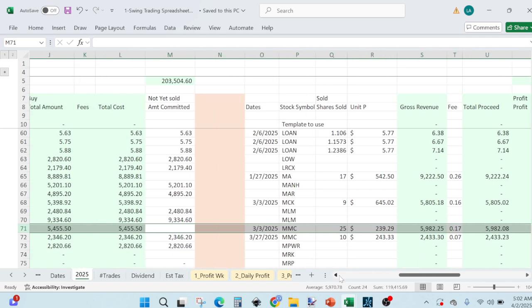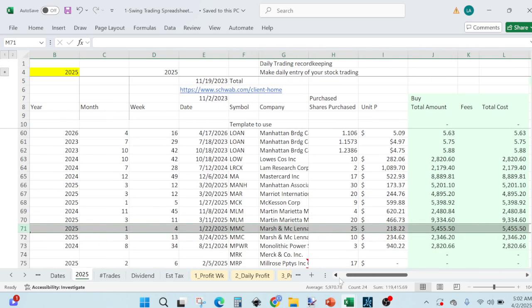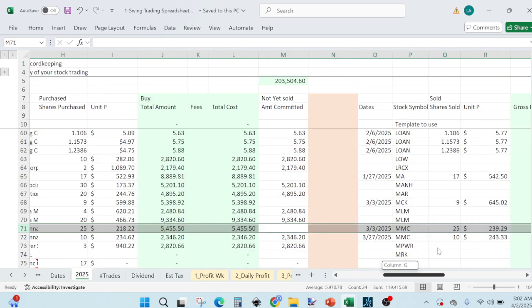So for that particular one, for instance, we combine long option and swing trading strategy with short option and swing trading strategy. So we bought it in January and we sold it in March.